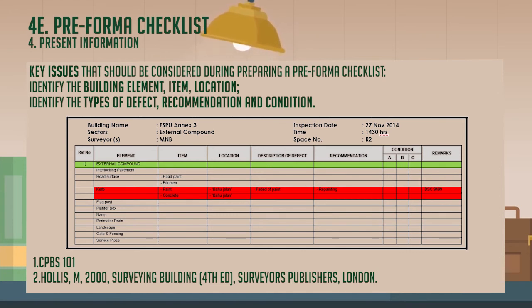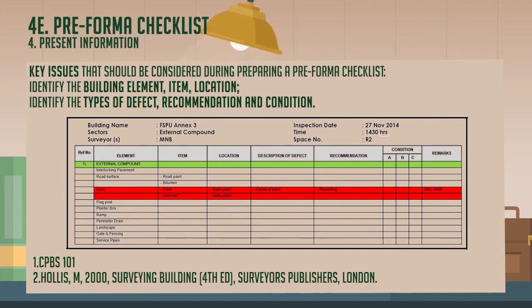It will detail the building name, sector, surveyors, inspection date, time, and space number. Moreover, the checklist table focuses on the element of the building, the item of the building, location, description of defects, recommendation, and condition.